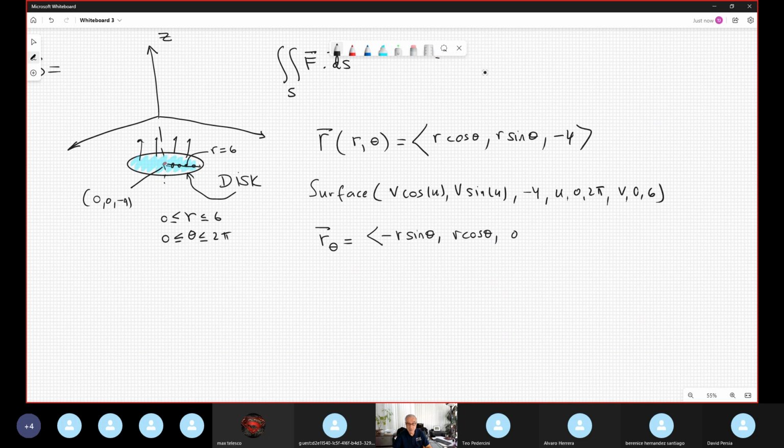Because derivative of a constant is 0, no? The partial derivative of the vector valued function with respect to r is cosine theta, because you consider that theta is constant, no? Okay.